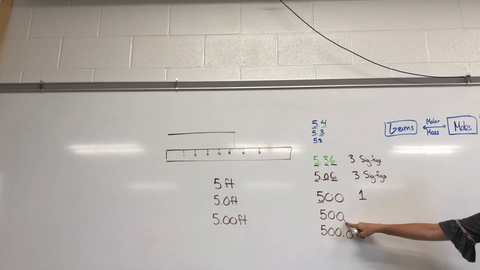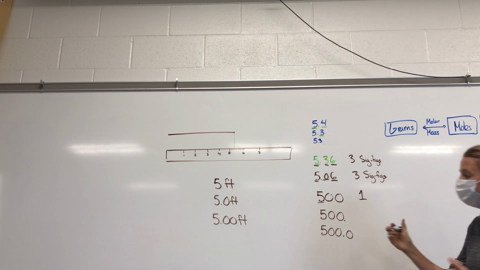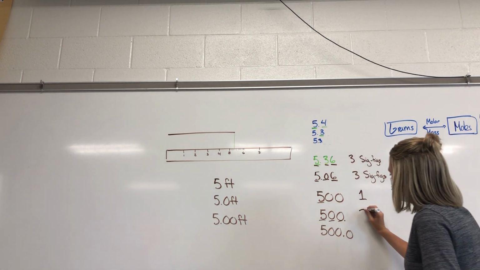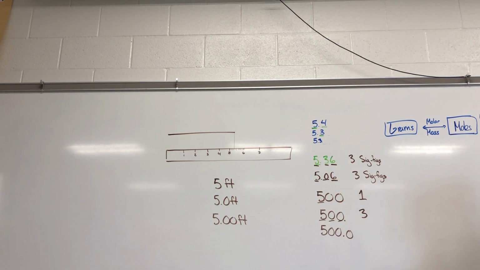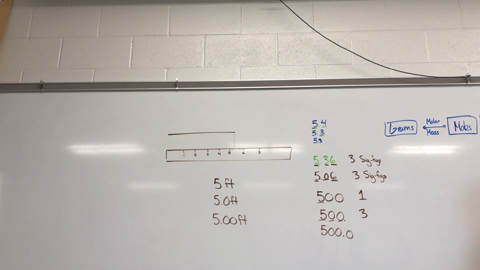This is a way to show someone else who's reading your measurements, no, these are significant, I knew those, and so now this has 3 sig figs. Don't say it out loud, but show me on your fingers, how many sig figs do you think this would be then? You're showing me a 4, you are correct.